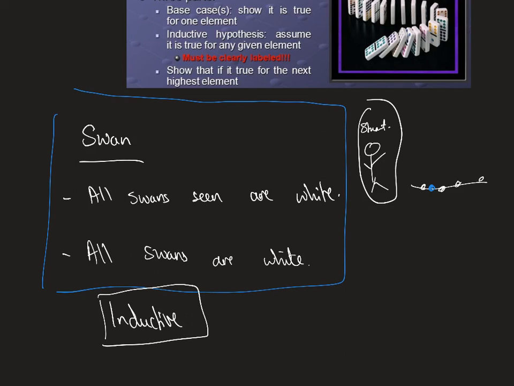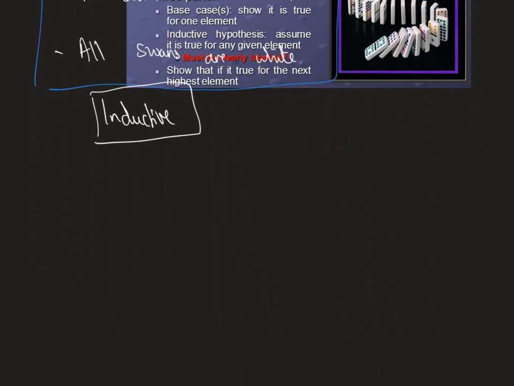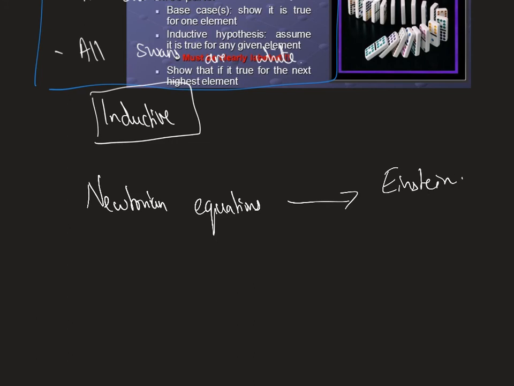Why are they not deductive? Because if you look at the swan argument that we just talked about, you could observe something which changes the way the science works. And the last example I'll give you, a very famous one, is when we went from Newtonian equations from Isaac Newton to Einstein and his equations in the 20th century.